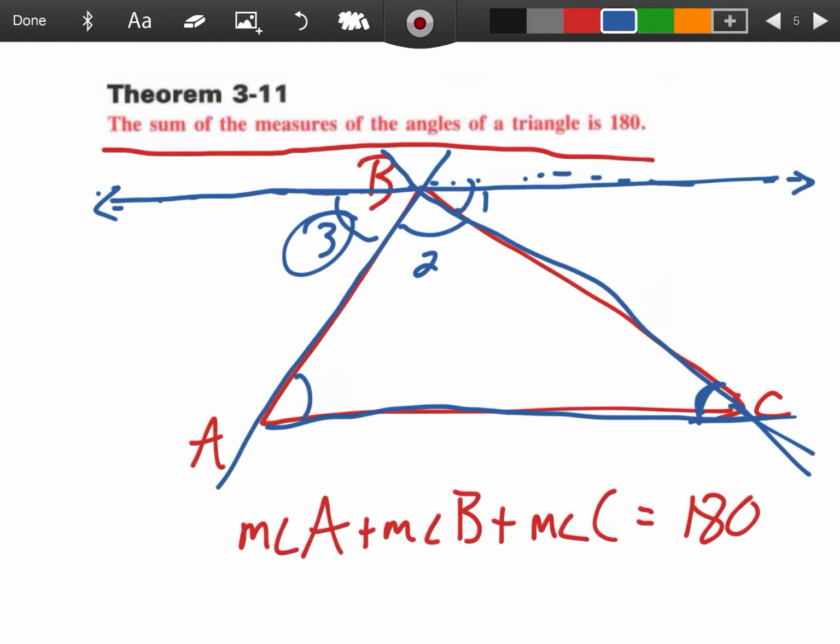And 1, 2, and 3 make up a straight line, so they have to add to 180. Since angle 3 is the same as angle A and angle 1 is the same as angle C, angle C plus angle A plus angle 2 also has to add to 180. So that's why it's a theorem: it needs to be proved, and we prove it using parallel lines.